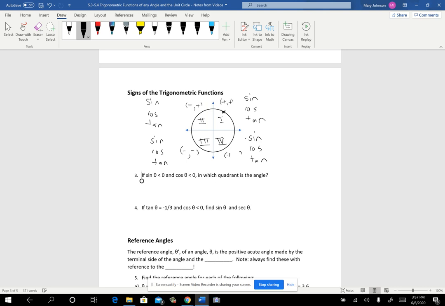And if you're in the fourth, your x is positive, but your y is negative. So if you think about the ratios we use, we always take either the x or the y, and oftentimes we put it over r. But r, the radius, is always a positive number, okay?